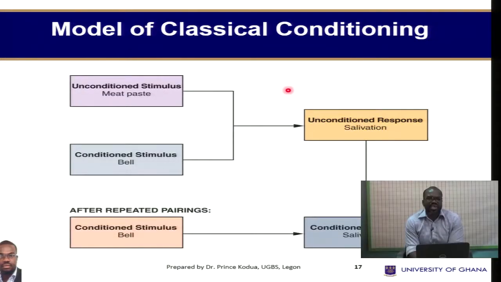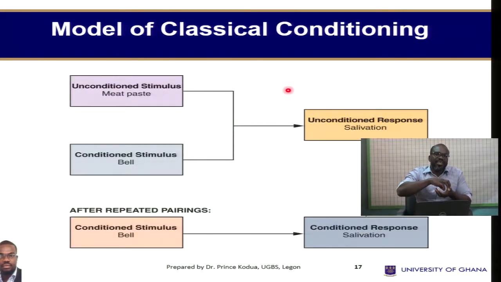Just by hearing the bell alone, the dog salivates. This led to what we call classical conditioning, which is simple. It means learning takes place by means of association and repetition. In other words, consumers learn by association and repetition.